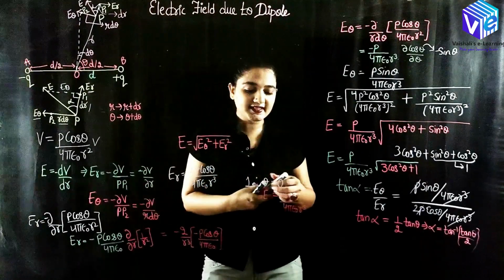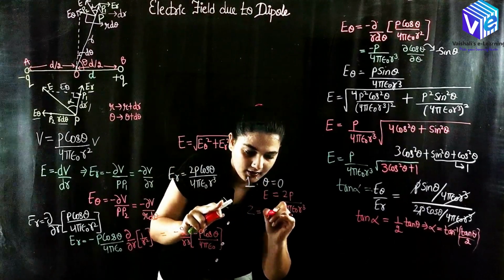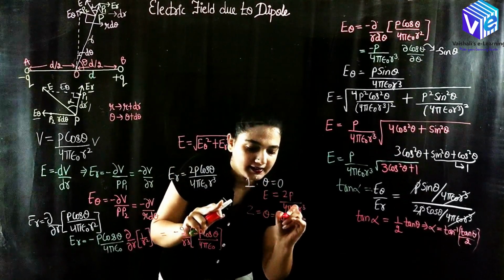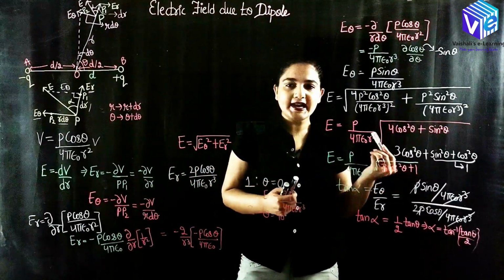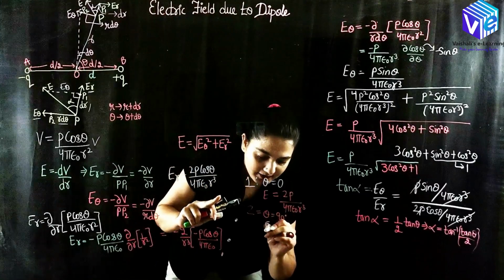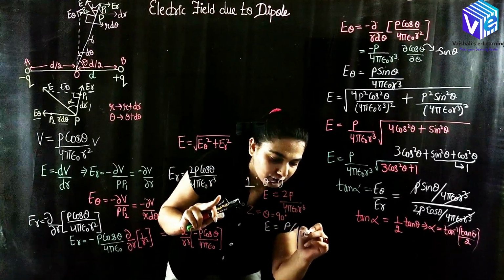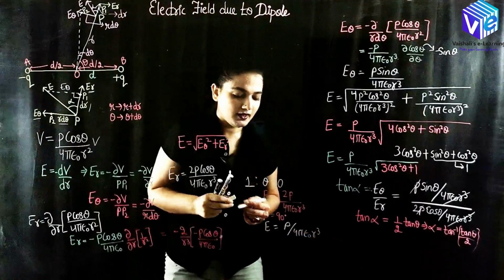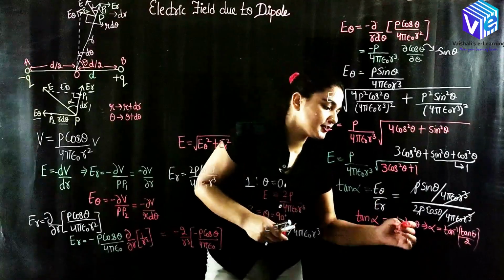Okay, so in the second case I can take theta equal to 90 degrees. So when theta is 90 degrees, you can see cos of 90 is 0 and E is given by p upon 4 pi epsilon naught r cube. And what about alpha in this case?